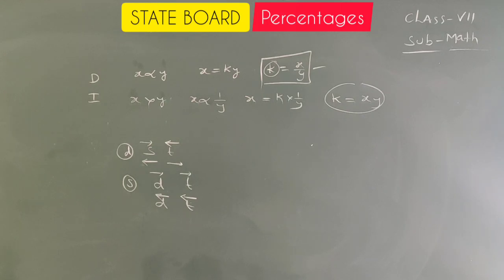Next, we have learned percentages. Percent means for every 100, out of 100. Conversion of percentage to fraction, decimal, ratio, whatever it may be, and the inverse conversions are also completed.